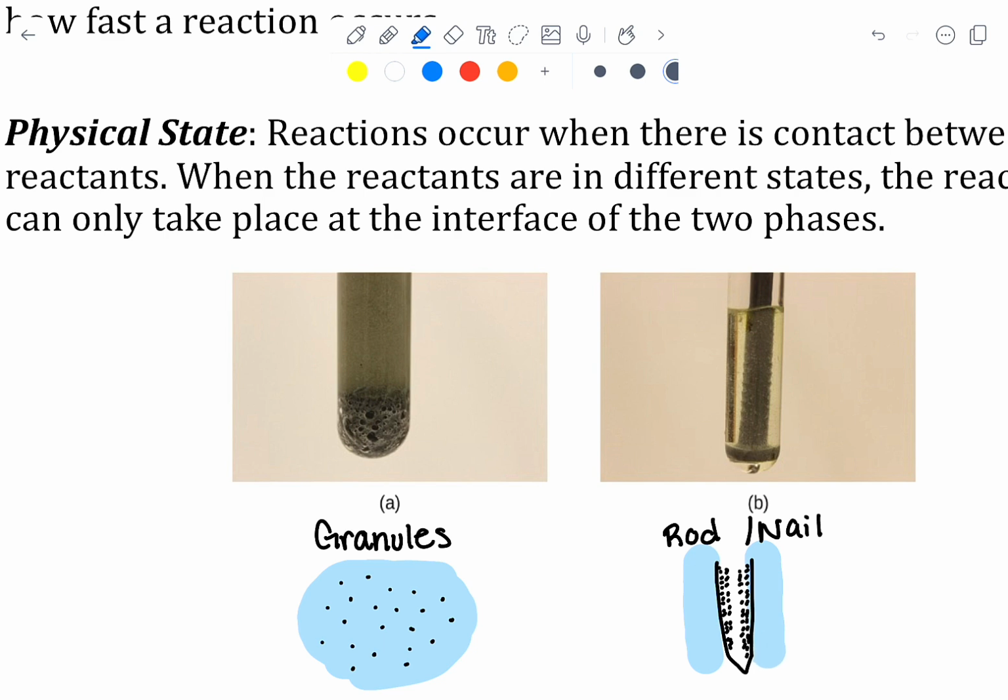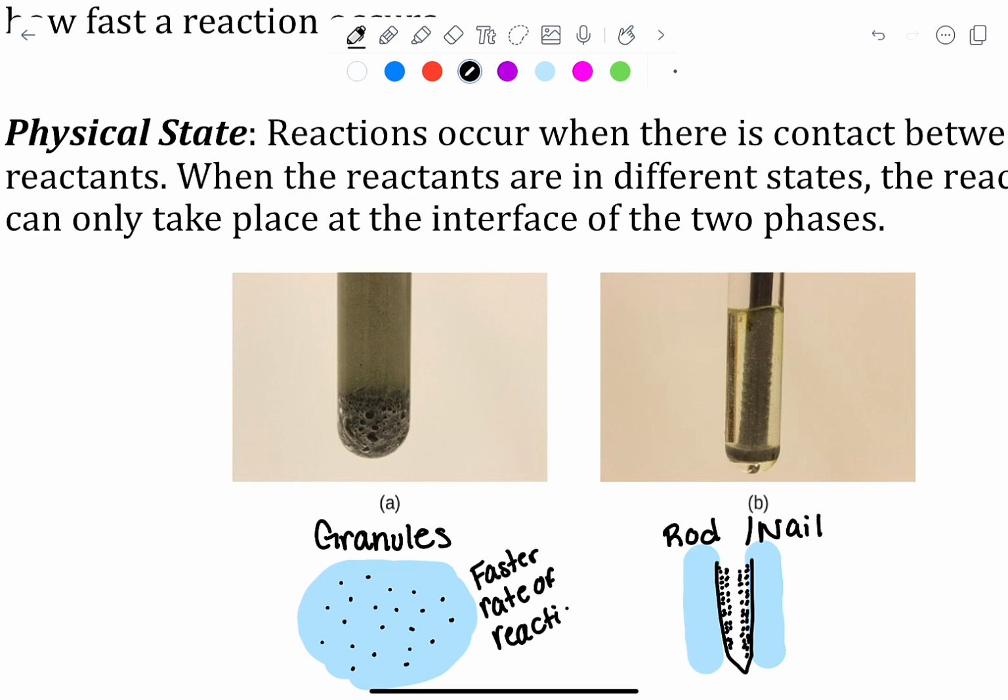And it's a lot smaller of a surface area to react with, so it's going to react less vigorously, and also the rate of that reaction is going to be much slower. So the granules have a faster rate of reaction, and the nail, the rod, has a slower rate of reaction.